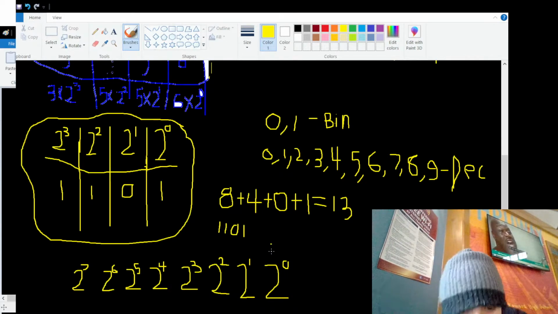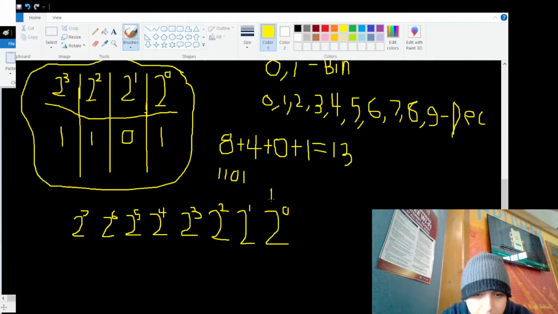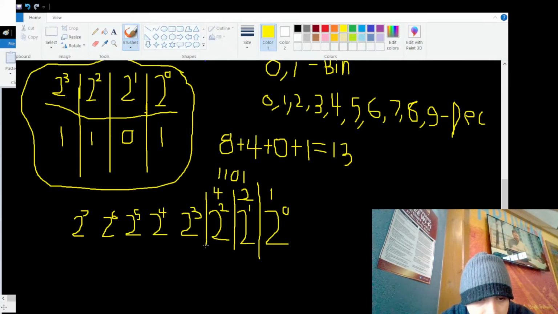It's 1. What is 2 to the 1? It's 2. What is 2 squared? It's 4. What is 2 to the 3rd? It's 8. What is 2 to the 4th?